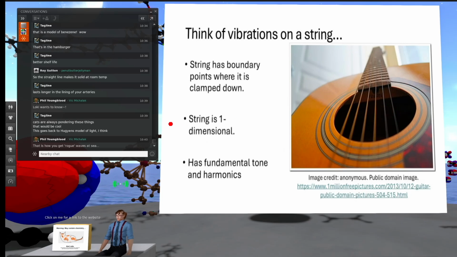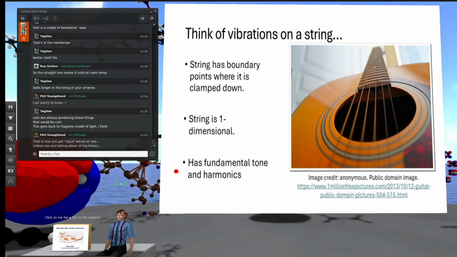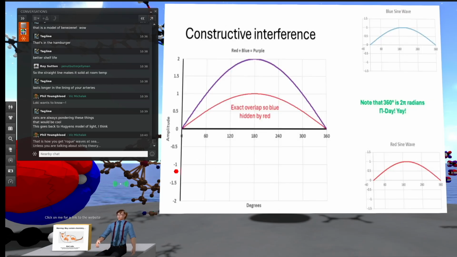A string is one-dimensional, of course, and electrons are going to move in three-dimensional space. But let's think about what can happen on this string in one dimension. If you have vibration, you can have constructive interference of the vibrations on the string and destructive.